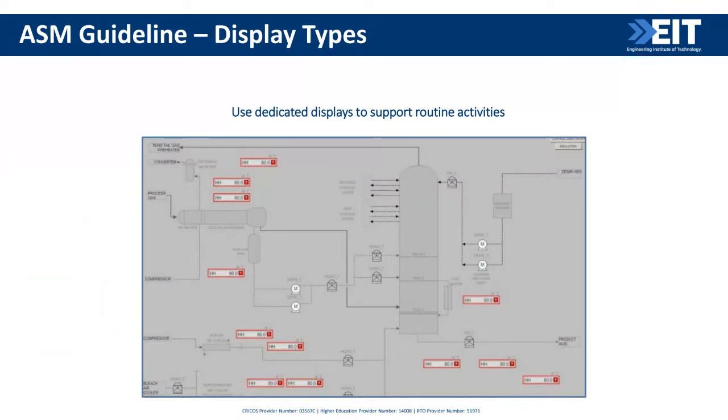So this is a dedicated display, especially for the routine activity, where the routine activity is for him to come and make sure that the absorber is functioning appropriately, right? So this will engage the operator so that he can interact with the process. This will also reduce chances of mistakes or any misinterpretation.